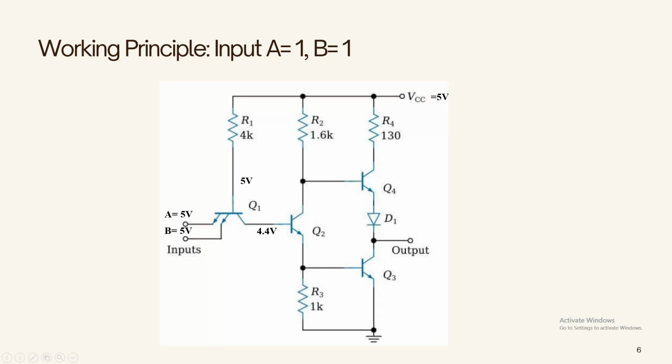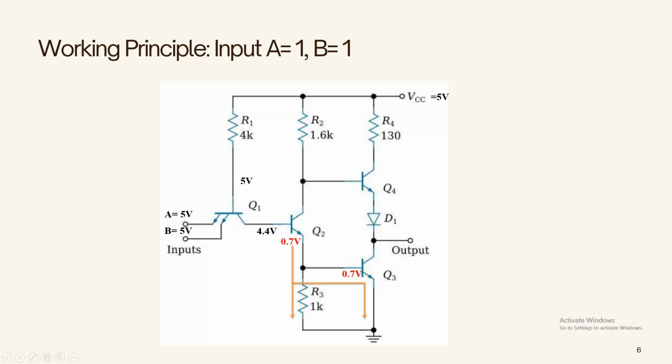Now, in this case, as the base of Q2 is 4.4 volt, it would be sufficient to drive Q2 and Q3. And in this case, there will be current flow through Q2 and Q3 as they remain on in this condition. Now, as you can see, there would be a 0.7 volt drop at the base emitter junction of Q3.